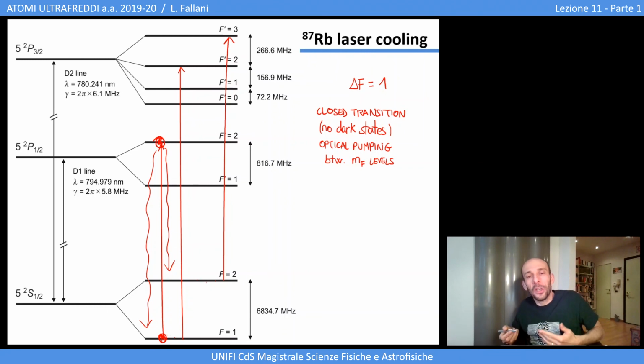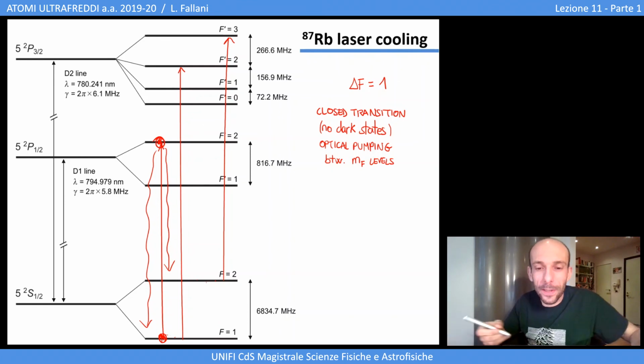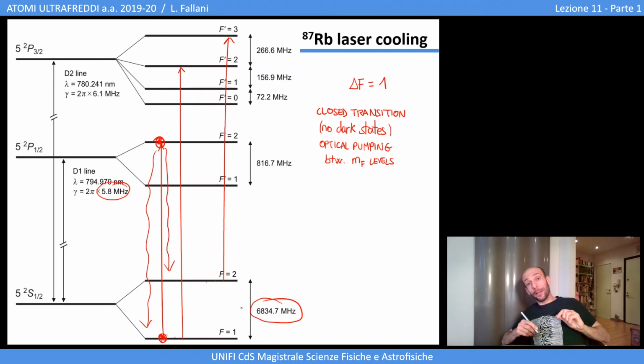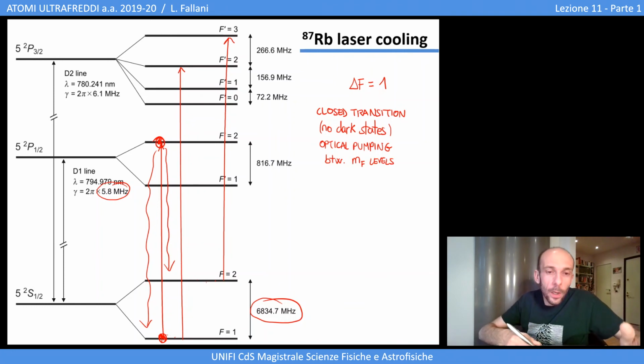And so this is bad, because this means that your laser will not be resonant anymore with atoms that have decayed to the upper hyperfine levels. The reason is simple, because the transition line width is so small with respect to the hyperfine splitting in the ground state that basically your cooling laser will not be resonant with atoms in the f equal 2 state anymore.